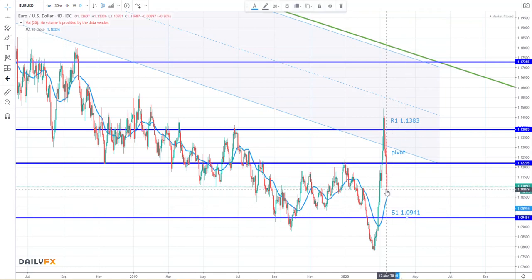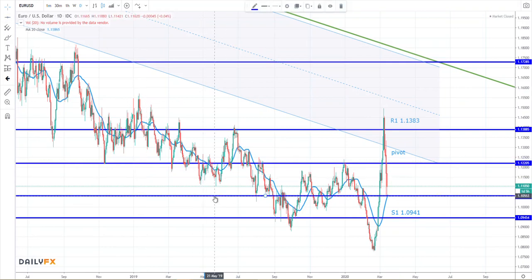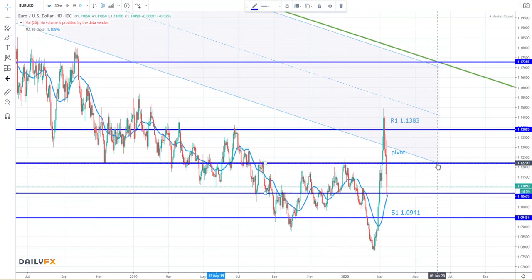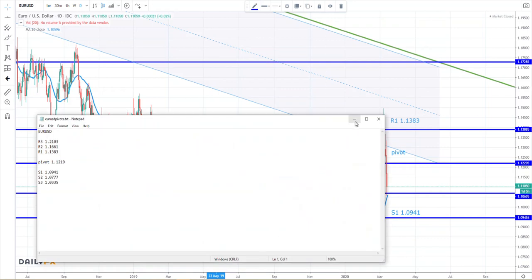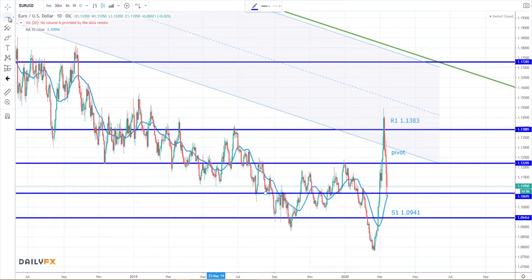But as I said, price is moving above this average. It's also above this median intraday support right here. So I think we'll see a little bit of a recoil back up into this zone here. Let's look at where S2 is, 1.0777.